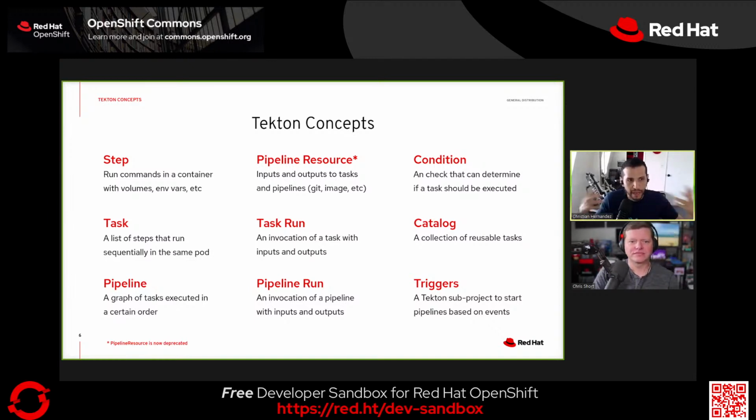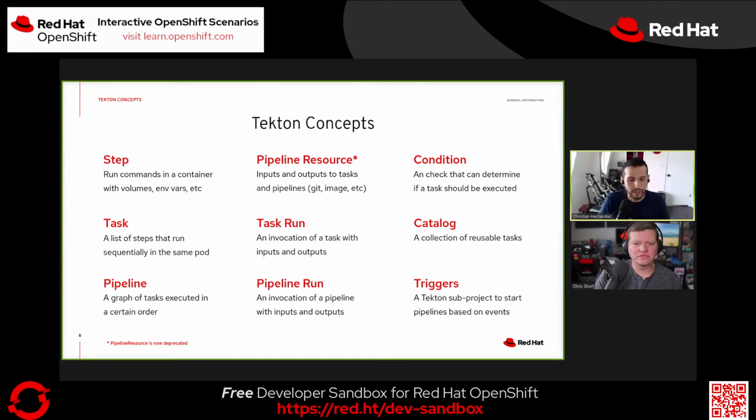The same goes for a pipeline run, which is an instantiation of a pipeline. You define a pipeline, and when you run it, that's a pipeline run. And Tekton has the concept of triggers, just like any pipeline.